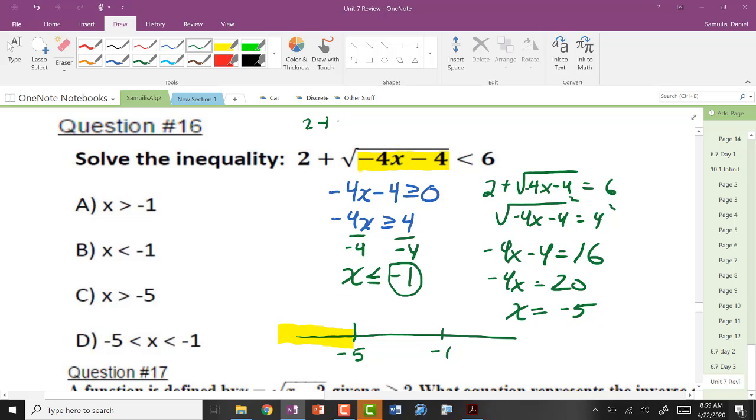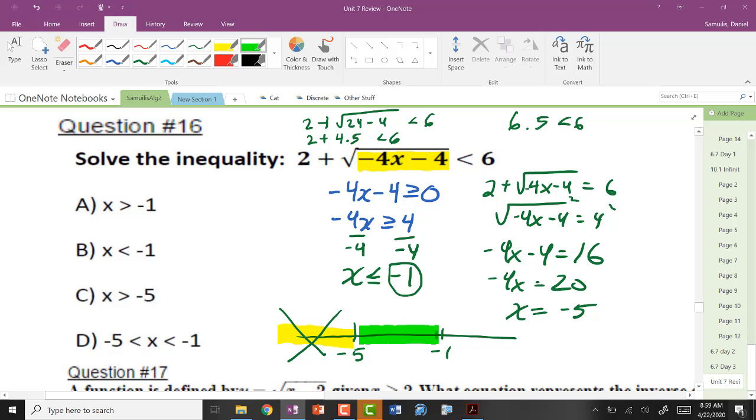So I have 2 plus the square root of negative 4 times negative 6 is 24, minus 4 is less than 6. 2 plus the square root of 20 is about 4.5, less than 6. That gives me 6.5 is less than 6. That is false.